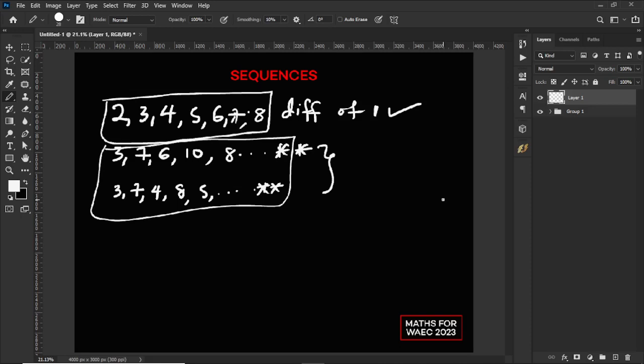Good stuff. So that's what you call a sequence.